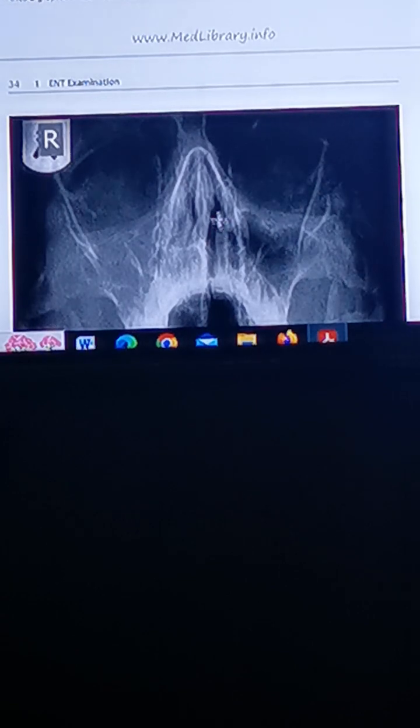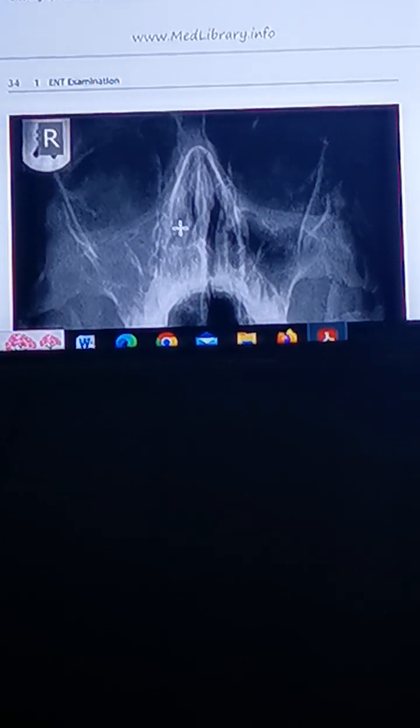Now, if you compare the left and the right nasal cavities, are they similar to each other?